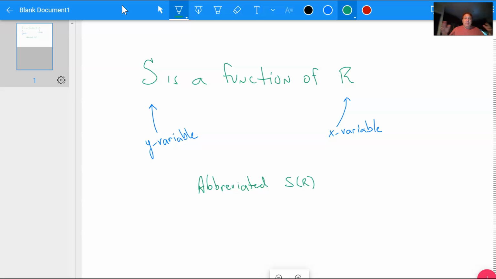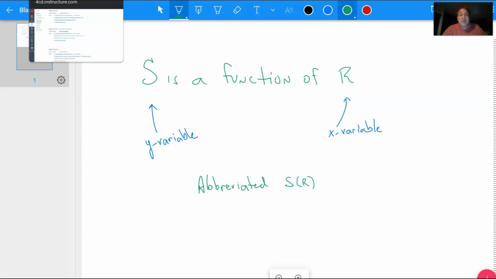And they don't have to use S and R, they can use A and B, or of course they can use Y and X like we're used to using. This is abbreviated as S(R), and that, if you're not really used to it, can be a stumbling block.